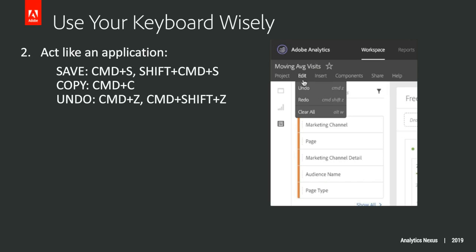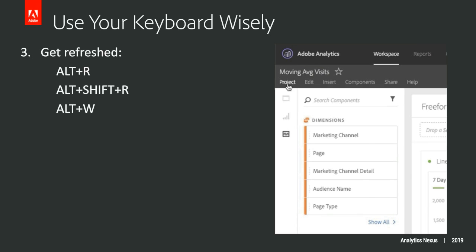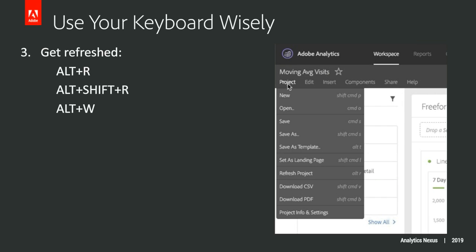All right, next up, when it comes to keyboard shortcuts, I want to give you an opportunity to get refreshed. And we'll do this in a few different ways. So all three of these, Alt-R, Alt-Shift-R, and Alt-W, are focused on helping you refresh different parts of Analysis Workspace.